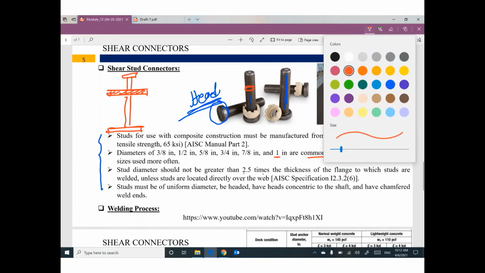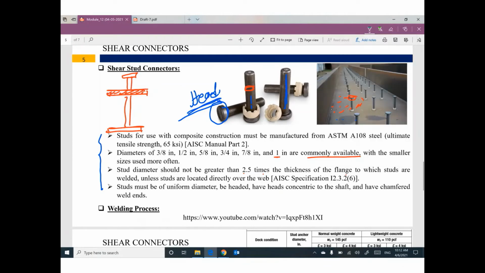The standard says this diameter shouldn't be greater than 2.5 times this thickness, T flange. So diameter is smaller than or equal to 2.5 T flange.